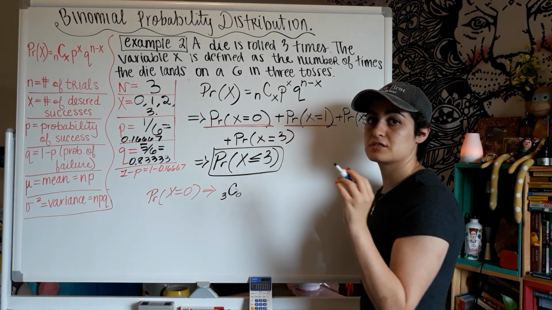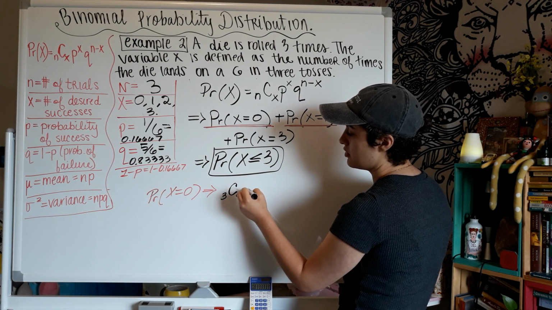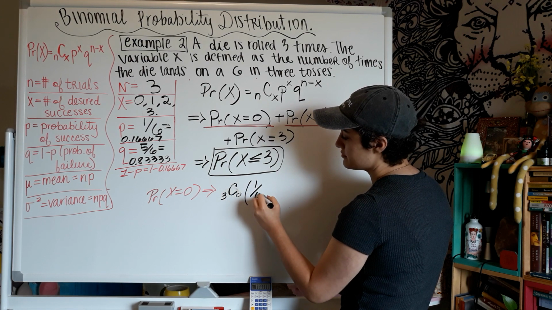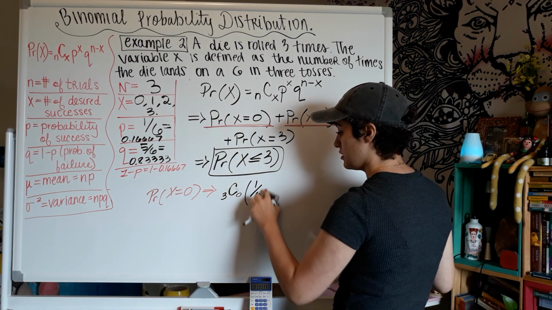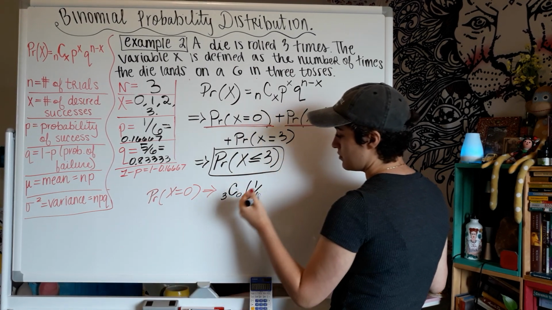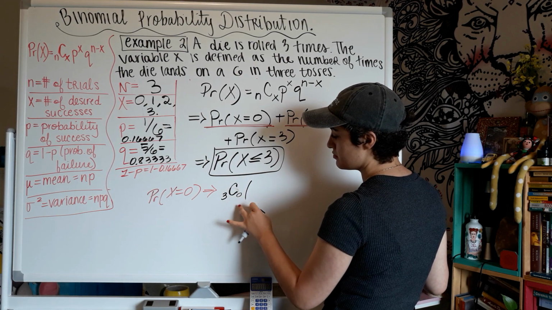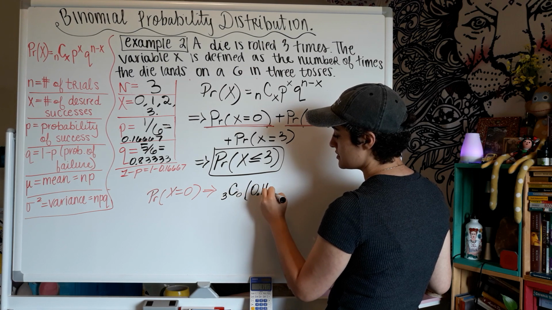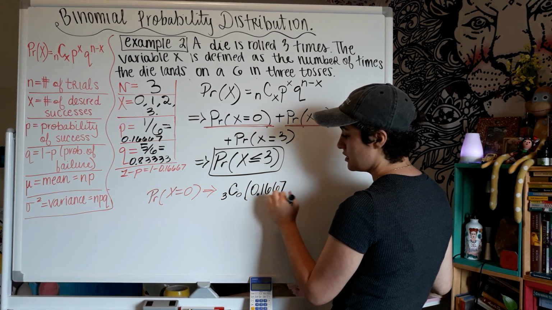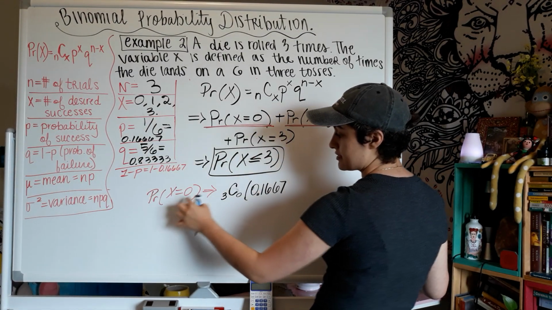The fraction is honestly more accurate, so I'll just do the fraction. So 1 out of 6, you know what, I'll do the decimal because that way it's easier to see the exponent. 0.1667, and I'm going to raise that to the x power. So in this case, x is 0.